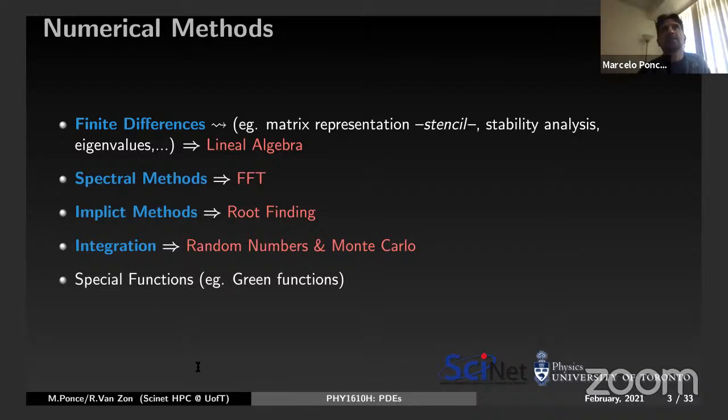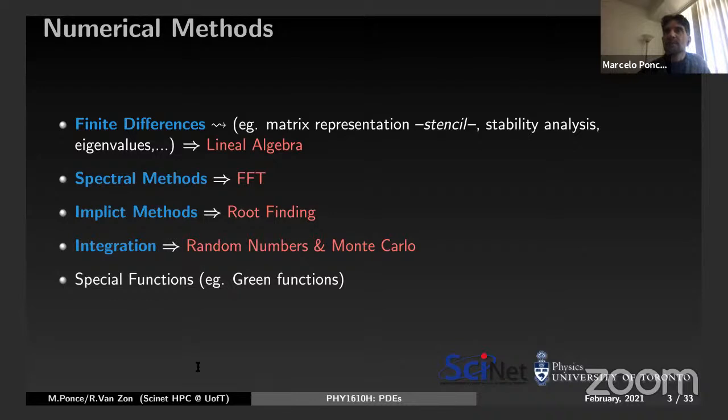And the reason why I'm mentioning it here is not just to recap on them, but also to emphasize what parts of what is going to come in the course, or we have seen already in the course, is going to be relevant to this method. So for instance, in finite differences, matrix representation, and this is what we are going to be seeing today in particular, or what is also known as the stencil, is quite relevant. So it's at the heart of how one will implement a finite difference method.